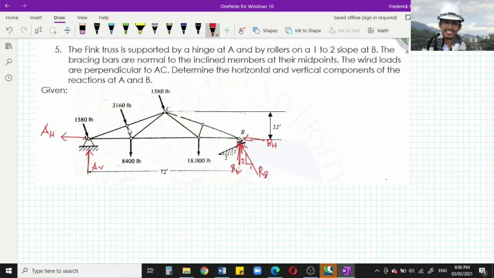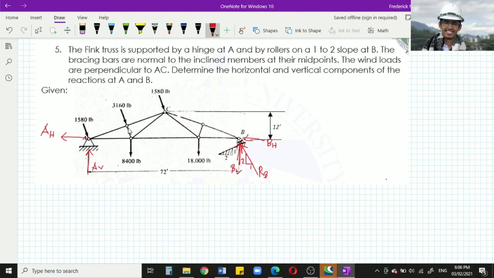So before that, kunin na muna natin yung mga distance ng ating trusses. Sabi niya dito, the bracing bars are normal to the inclined members at their midpoint. So itong bracing bars natin, normal siya sa ating midpoint ng ating AC. So kunin natin yung distance ng AC para makuha natin yung distance in between forces.